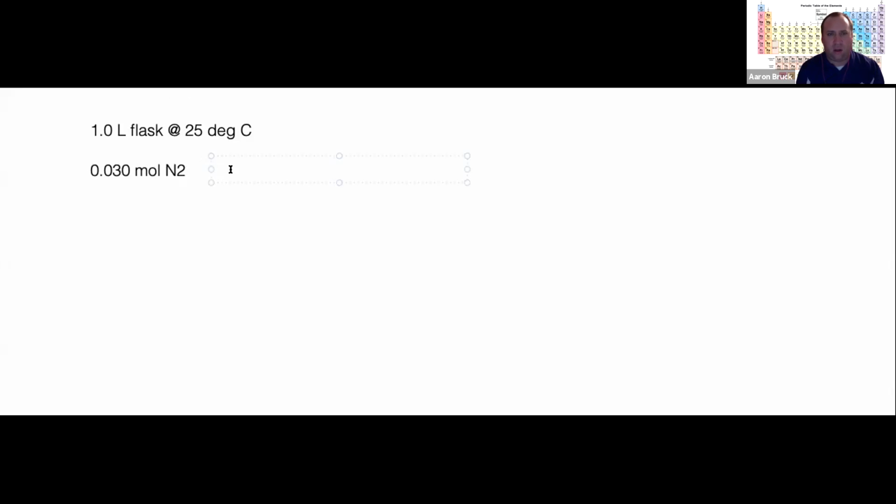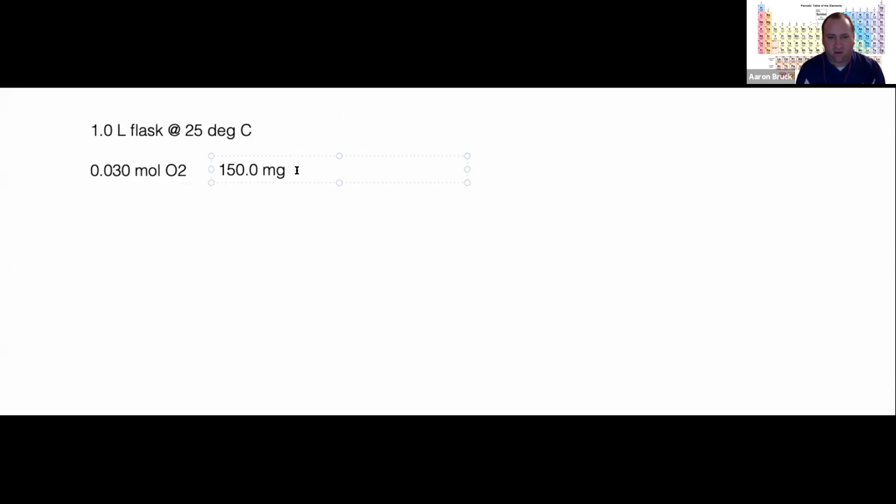And we have a 1.0 liter flask at 25 degrees Celsius. In that flask, we have 0.03 moles of oxygen.